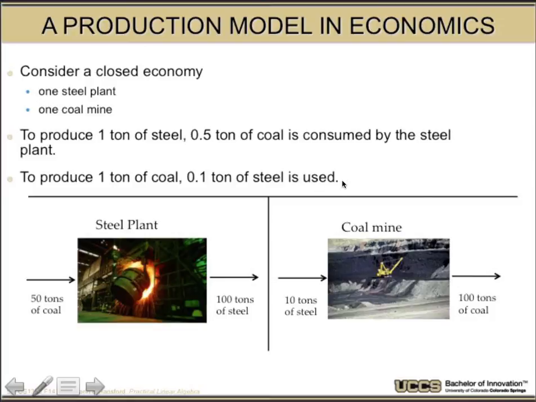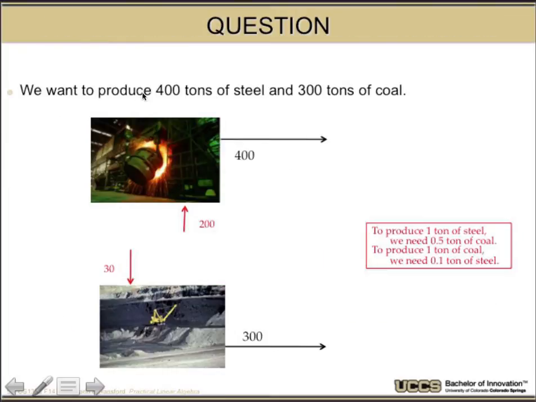So these two are now interrelated. How do I find out how much I can produce? Well, if we want to produce 400 tons of steel and 300 tons of coal so I can sell them, I have to remember that it takes coal to make steel.